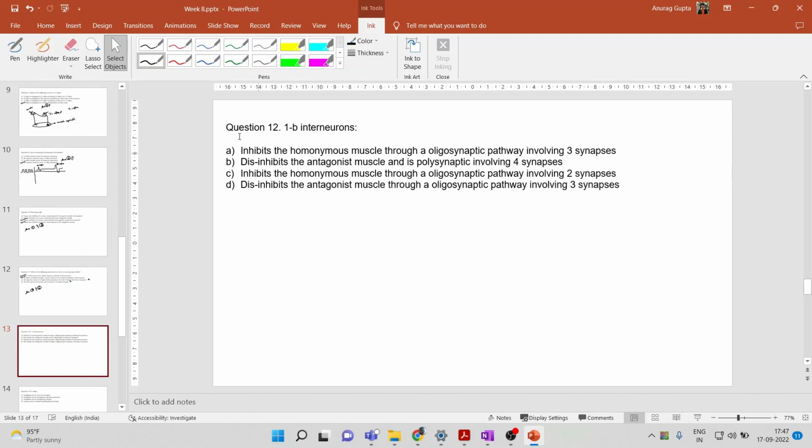So let us just look at what the situation is here. We have a muscle here, and then we have this muscle here, and we have these Golgi tendon organs.